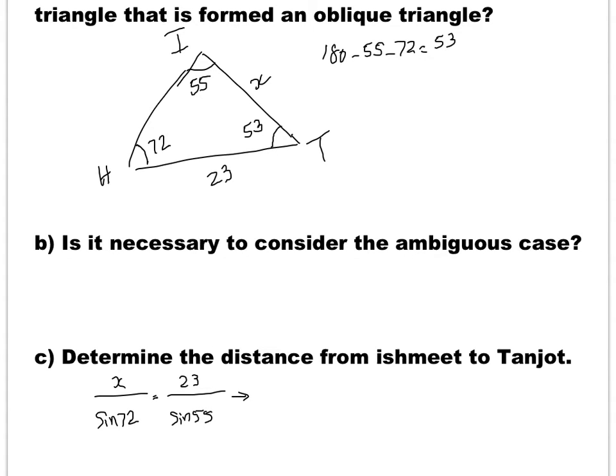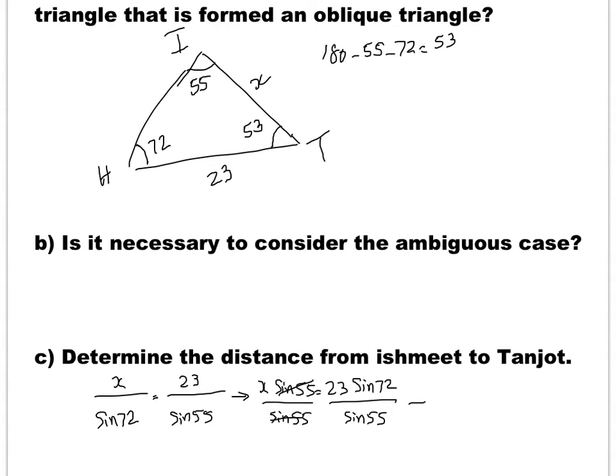If I cross multiply, I get x sine 55 is equal to 23 sine 72. Divide both sides by sine 55. I get x is 23 sine 72 over sine 55.